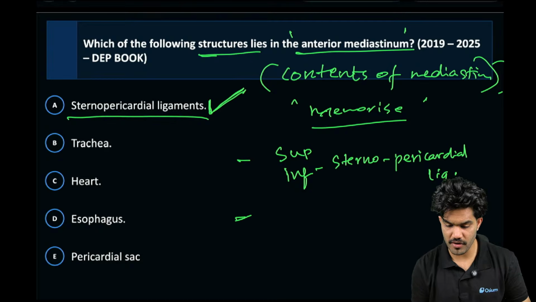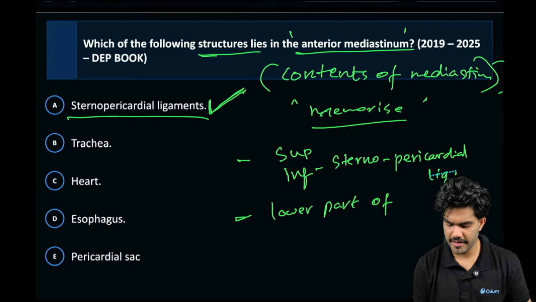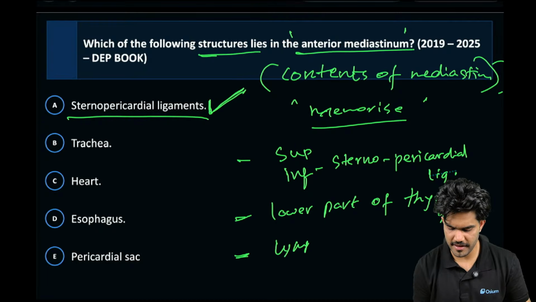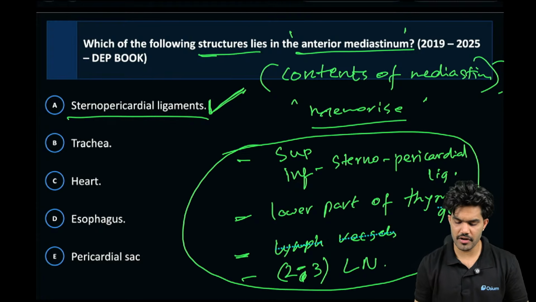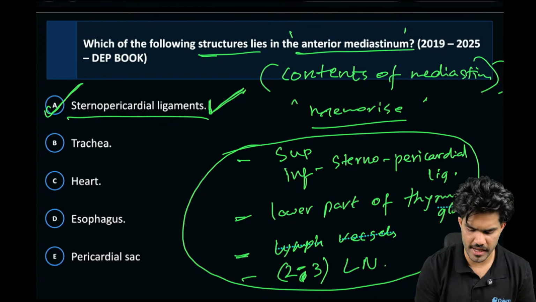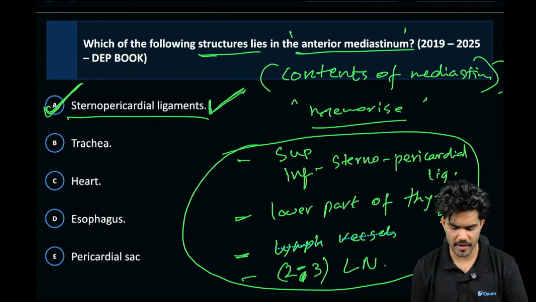Plus it has a small organ, the lower part of which gland? Thymus gland. And it has some lymph vessels and 2 to 3 lymph nodes. So totally, this is the content of the anterior mediastinum. So the only convincing option is the sternopericardial ligament.